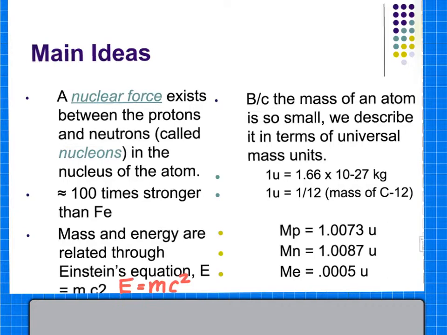Now, energy and mass are related directly in Einstein's equation, E equals mc squared. And yes, you finally get to learn this equation. So we know that all of mass is containing all of this energy through nuclear and electrostatic forces. And when that energy is released, it's incredible.